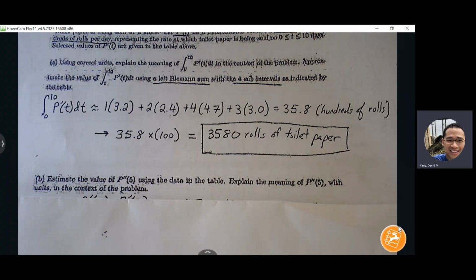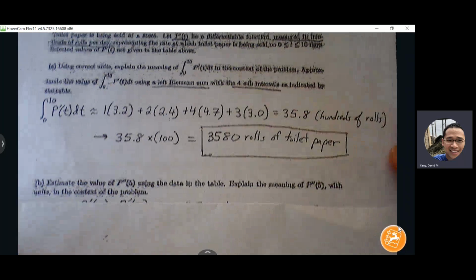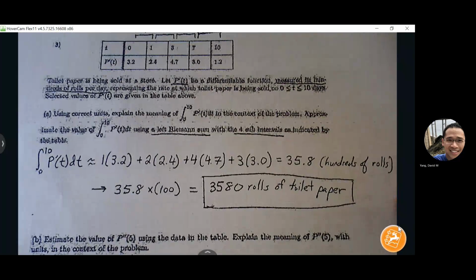G, estimate the value of P double prime of 5 using the data in the table. So we have P prime. How can we get something that is P double prime related? Slope, right?